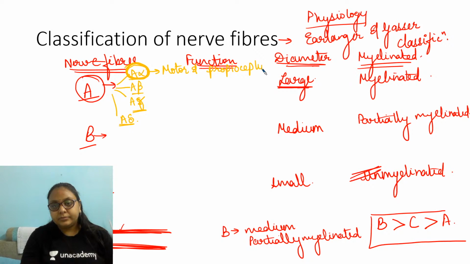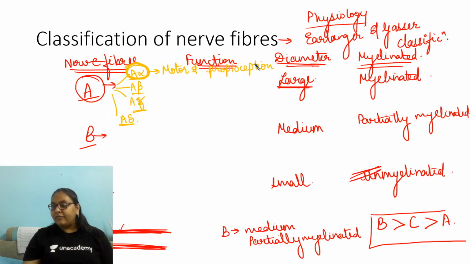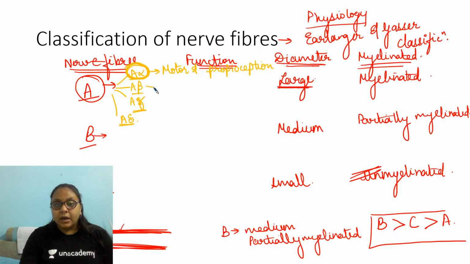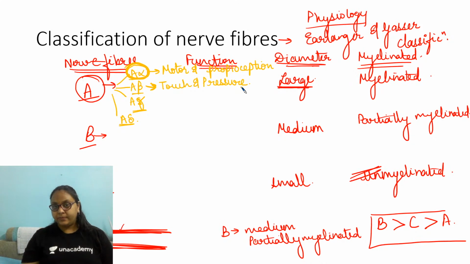Remember, alpha सबसे बड़ा, A alpha male, they are responsible for the motor and proprioception. A beta is touch and pressure. A gamma is muscle spindle.